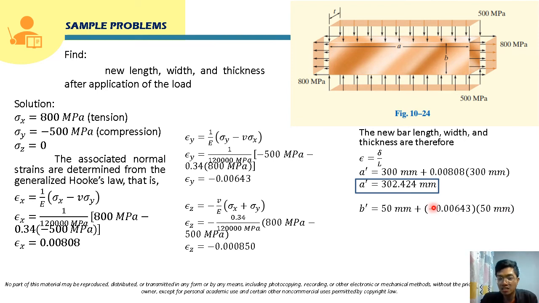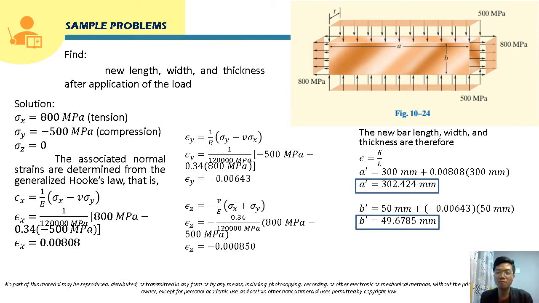The deformation is epsilon in the y direction times the original length in that direction, which is 50 millimeter. Solving for the new width, this is 49.6785 millimeter. So from 50 millimeter, it became 49.6785 because it contracted. It was shortened, or decreased. That will be the new width.